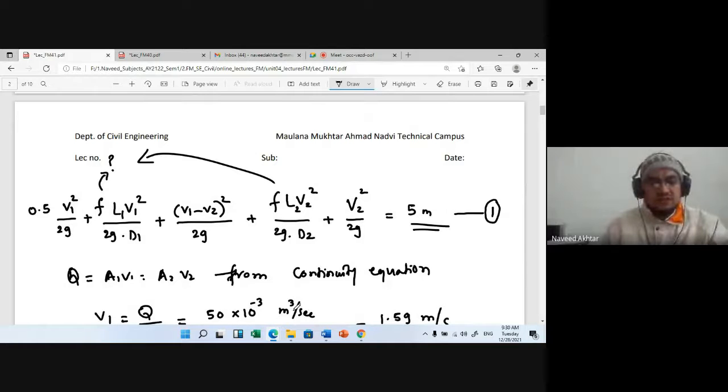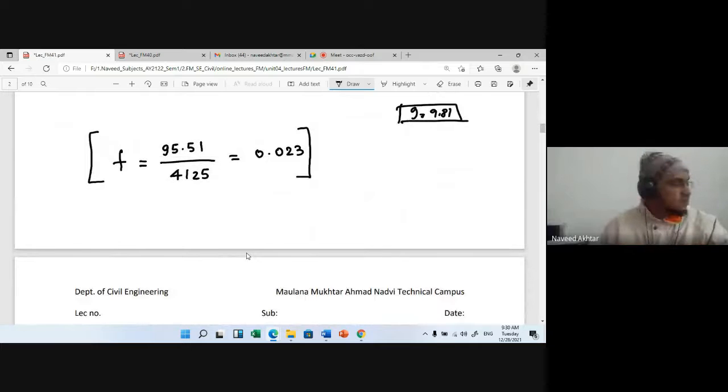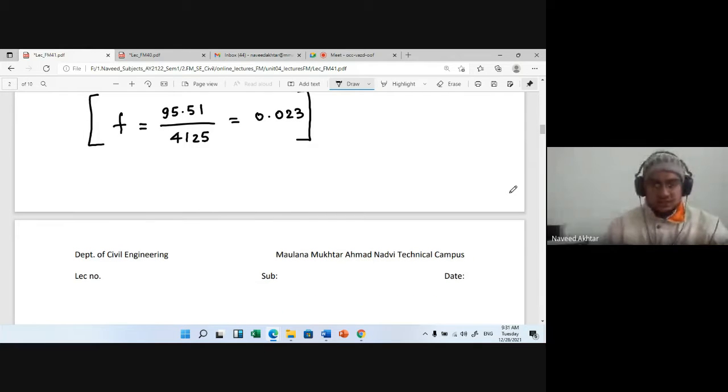If it is given, put that value and you can find whatever they ask. This is the example I gave yesterday as homework, so I have solved it here.